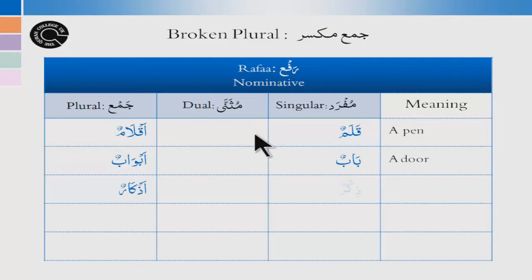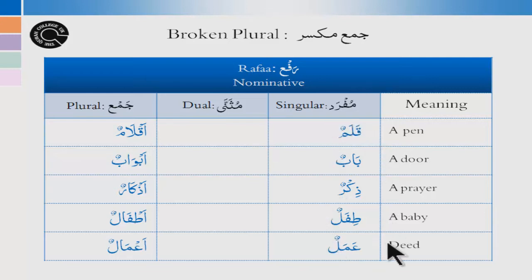Adhkarun, that's the broken plural of zikrun. Atfalun, that's the broken plural of tiflun. And a'malun is the broken plural of amalun. You know the meaning of all these words. So these are all the broken plurals.